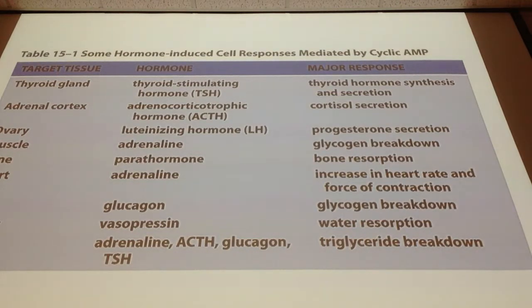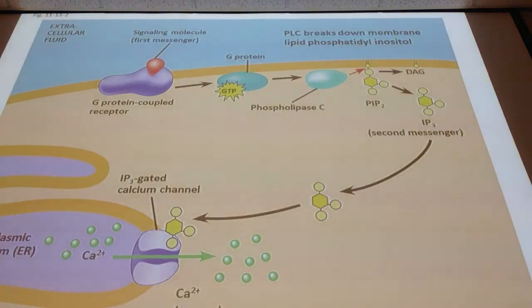So there's multiple cyclic AMP pathways, but it all hinges on the cyclic AMP. That's why all these pathways are named for the bottleneck, the one molecule or one enzyme that holds everything together. Right.